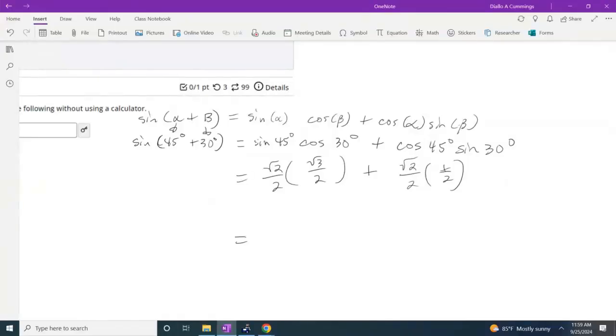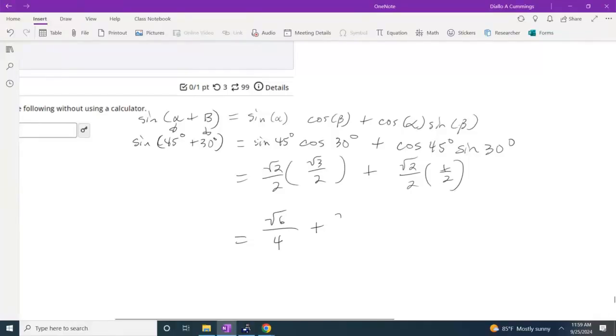All right, so we have two terms. For the first term, it's a fraction. So to multiply fractions, I'll multiply my numerators, multiply my denominators. The square root of 2 times the square root of 3 is the square root of 6 over 2 times 2, which is 4, plus I'm going to multiply my numerators and denominators.